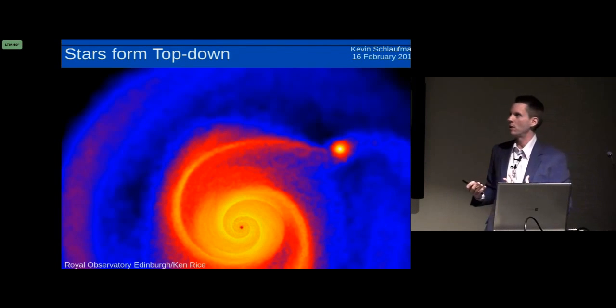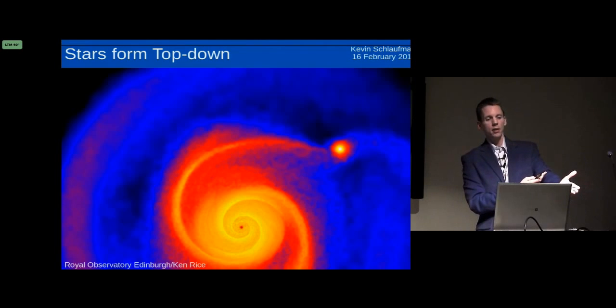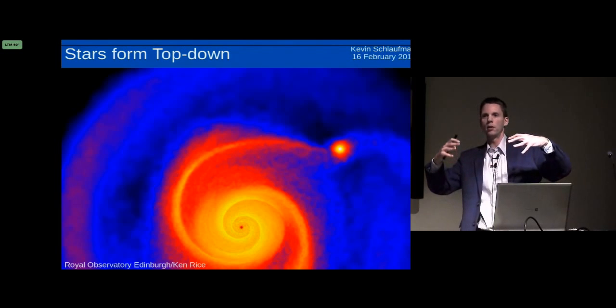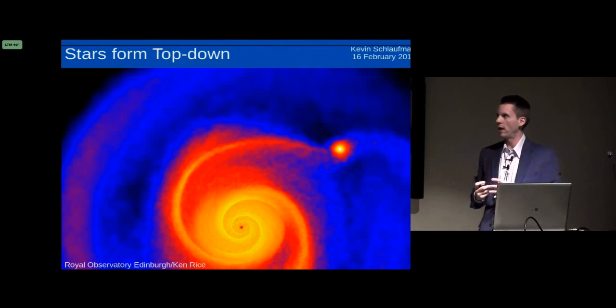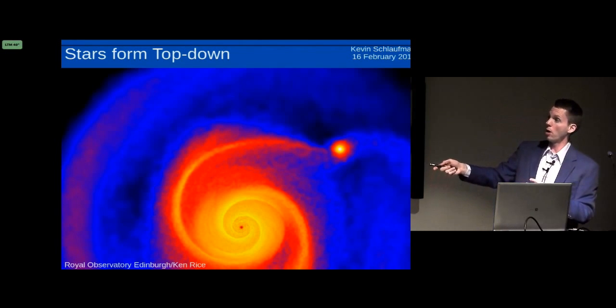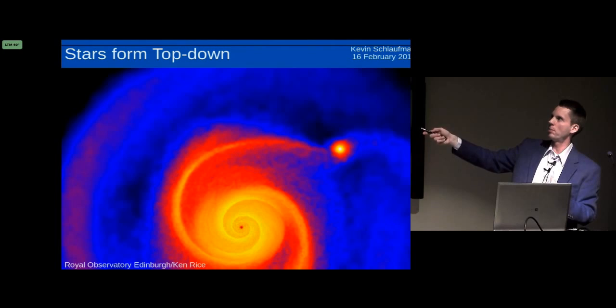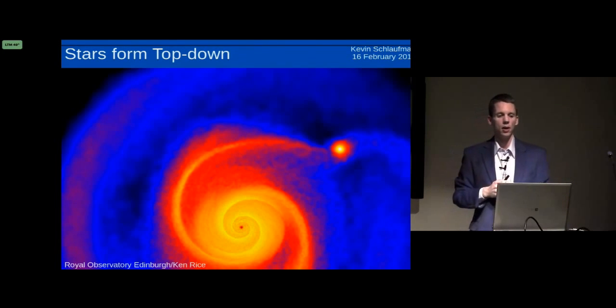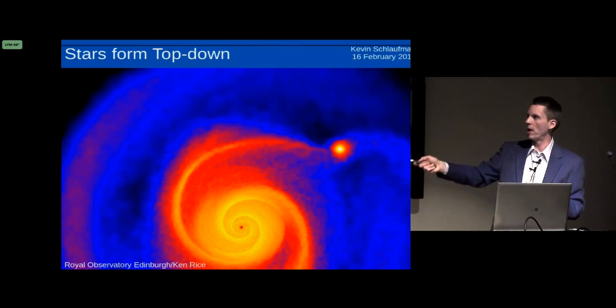In a disk, it happens to be the Keplerian differential rotation shearing out perturbations, and also just the thermal energy, the temperature of the gas. If those two things aren't powerful enough to hold up the disk against collapse, you end up with these spiral arms and then some sort of fragmentation into, in this case, a low-mass star in orbit around a forming more massive star at the center.